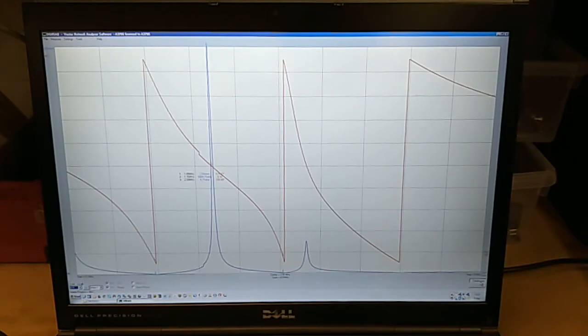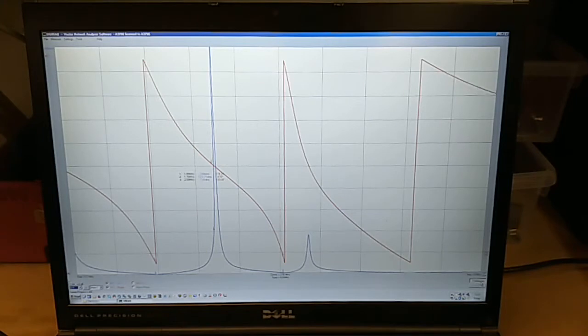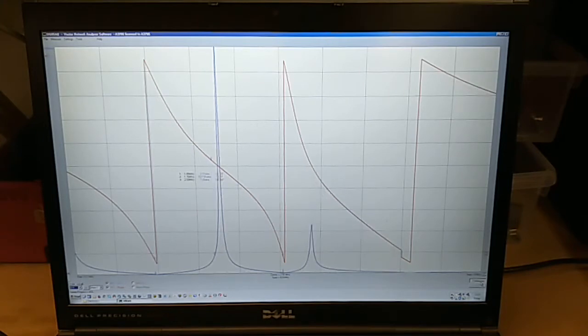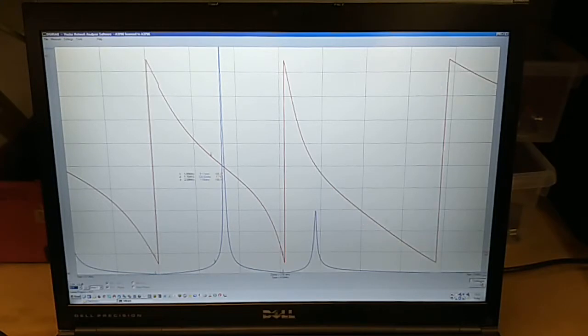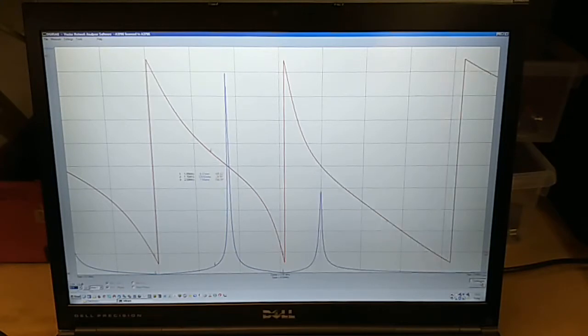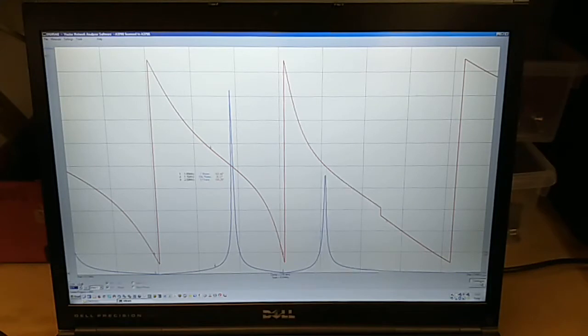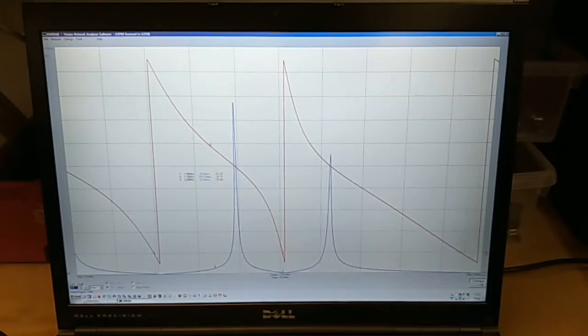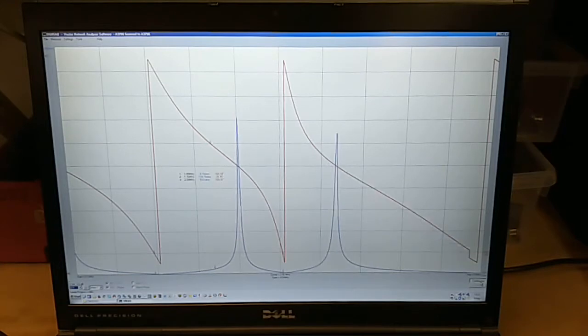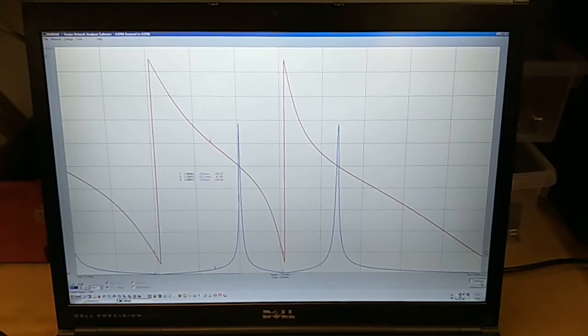So I'm going to wind out the primary now until we get back to the point where those upper and lower frequency points, the magnitude of those impedances, are balanced. Remember, that's the effect of the primary and the secondary interacting.